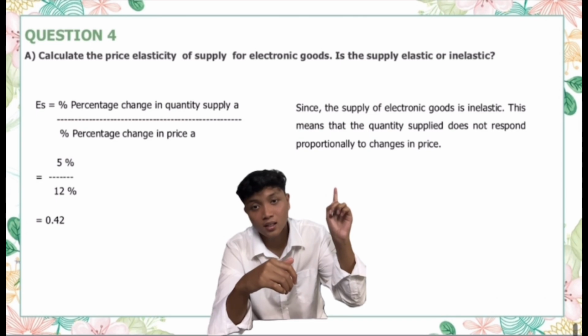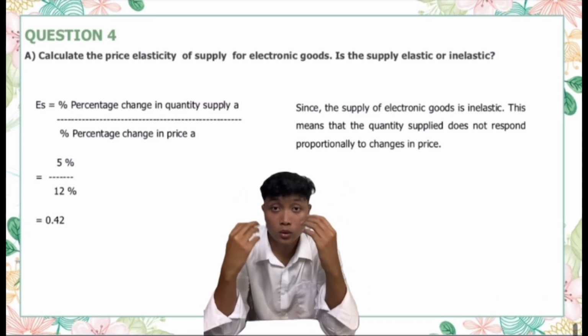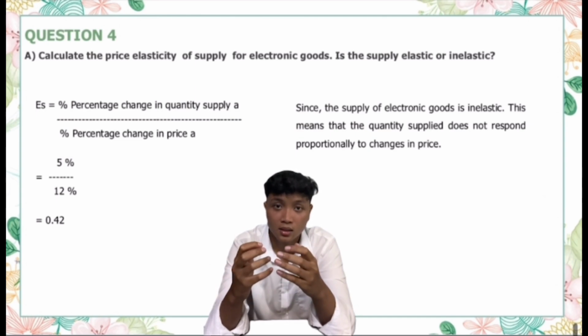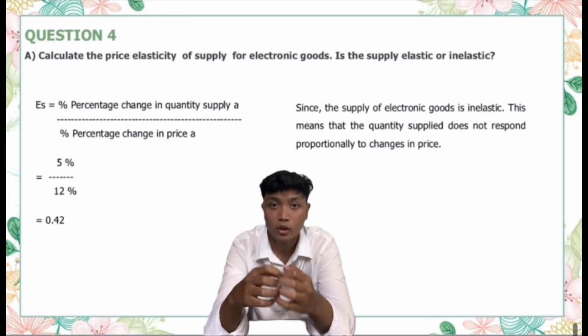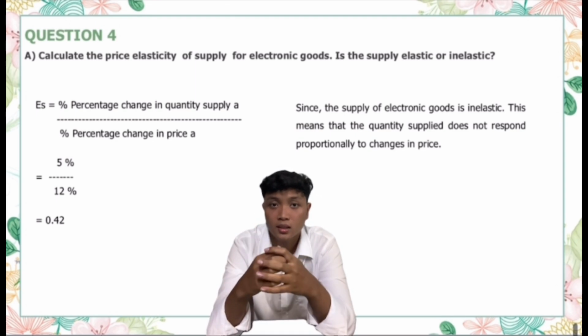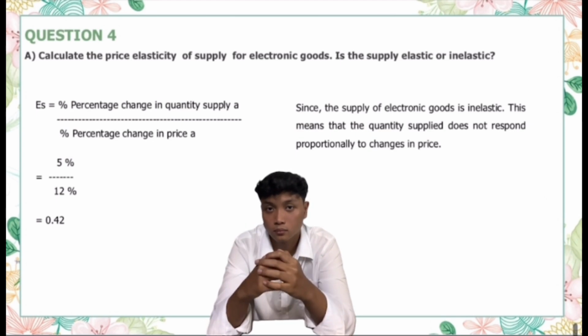But, that's not the final answer. Is the supply elastic or inelastic? How do we know whether supply is elastic or inelastic? It is based on the answer we get. If elastic, more than 1. Inelastic, less than 1. Based on our calculations, the supply of electronic goods is inelastic.